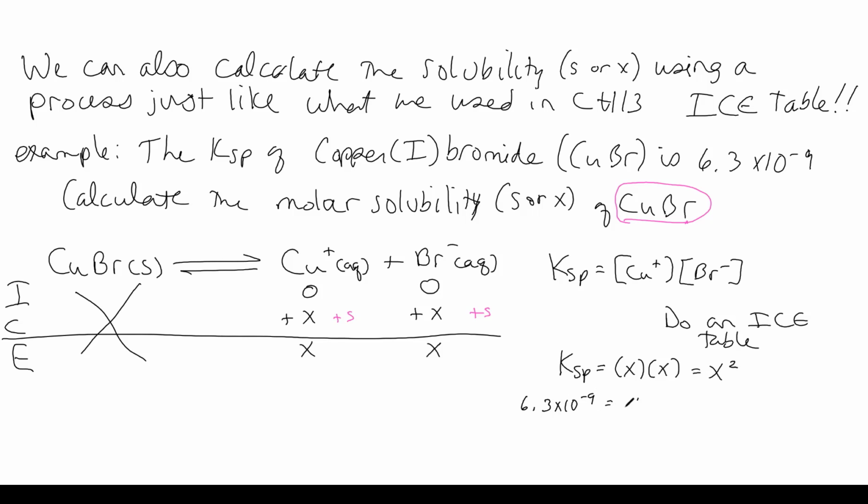Let's put in the value is equal to X squared. So X is going to be equal to the square root of 6.3 times 10 to the negative 9. And the value for that is 8.0 times 10 to the negative 5 molar. And that's the molar solubility.